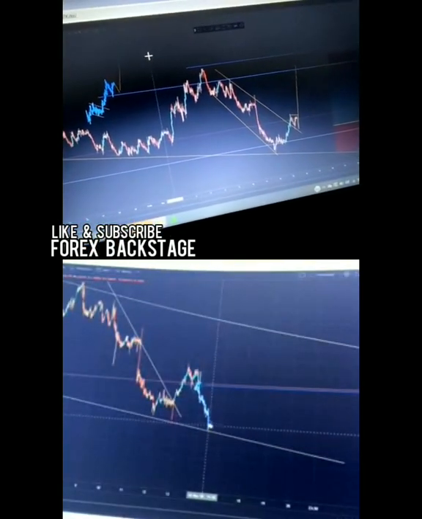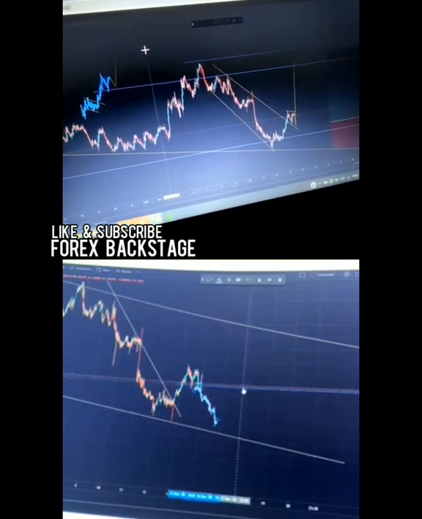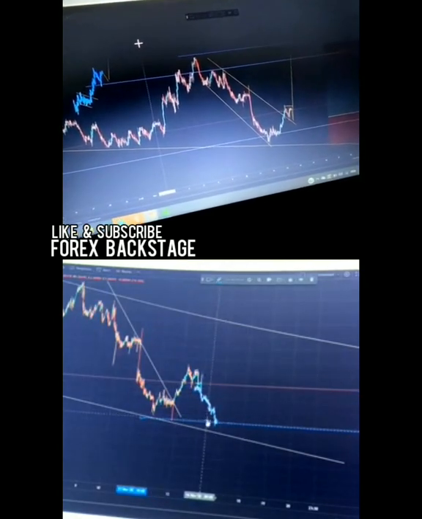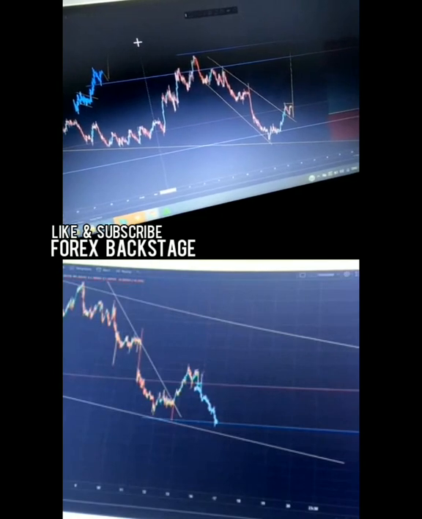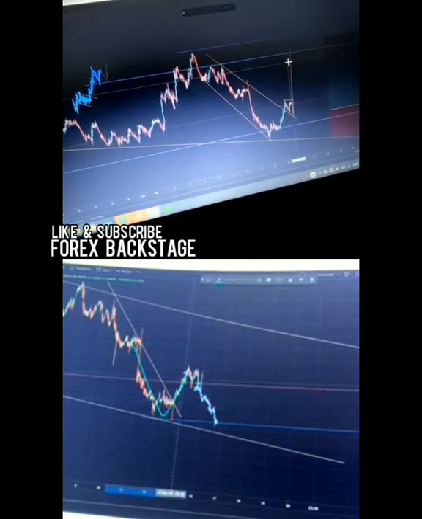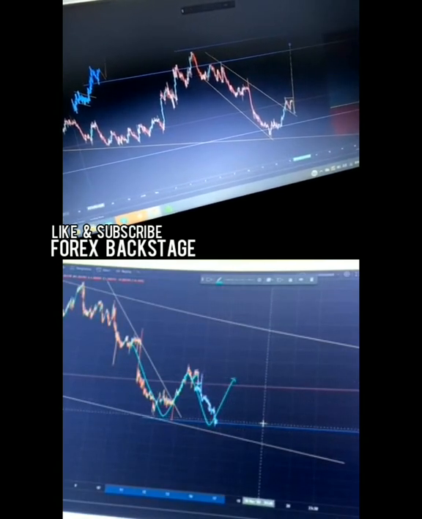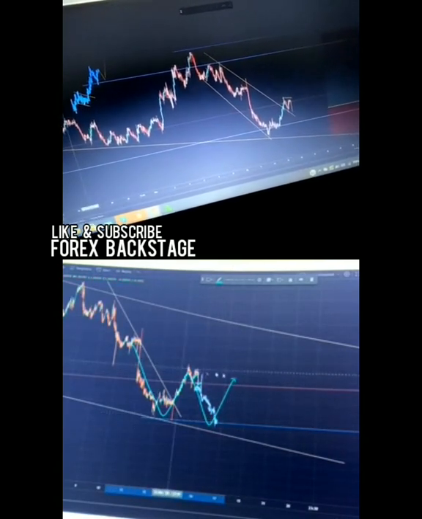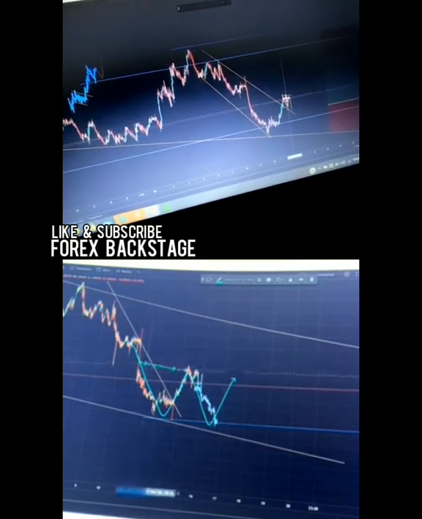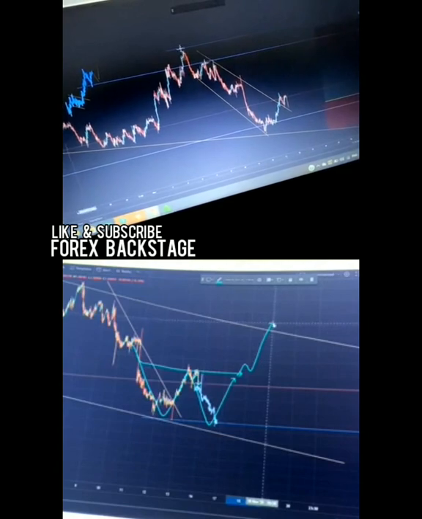Then if it comes to around this price, we could put this here. Or maybe we can change how we see those trend lines.